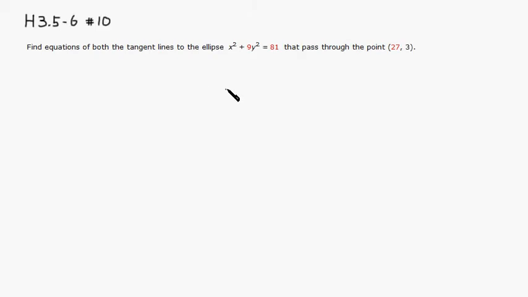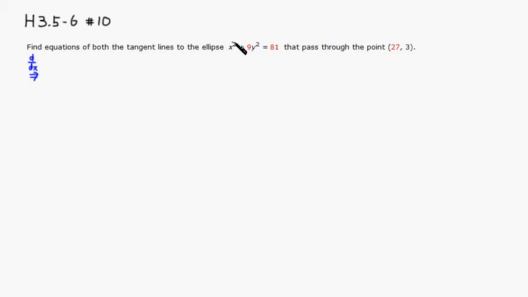The first thing we need to do is find the slope, so we need to take the derivative of the equation of the ellipse. I'm going to take the derivative with respect to x.